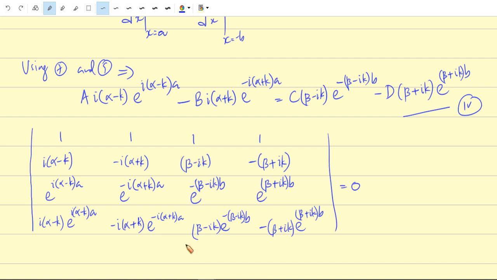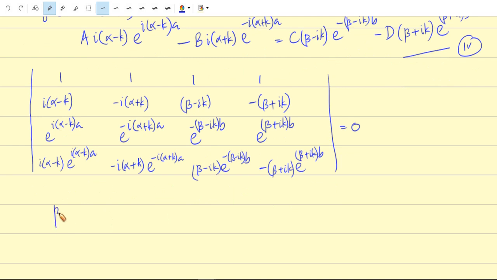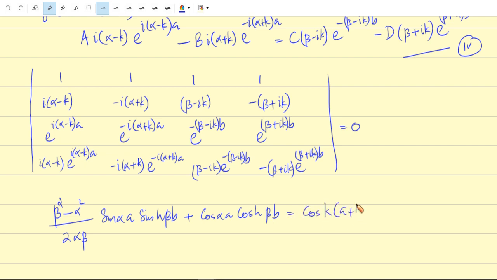If we solve this 4 by 4 determinant, we will get the final expression as (β² − α²) / (2αβ) sin αa sinh βb, hyperbolic sine function, plus cos αa cosh βb is equal to cos k(a + b). So this is the final expression. If we solve this, all other terms will get cancelled.